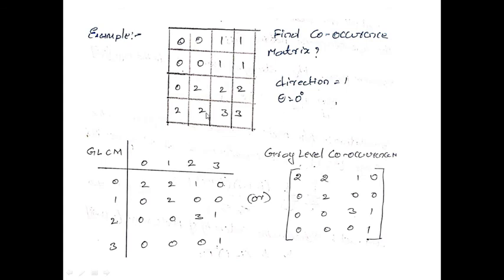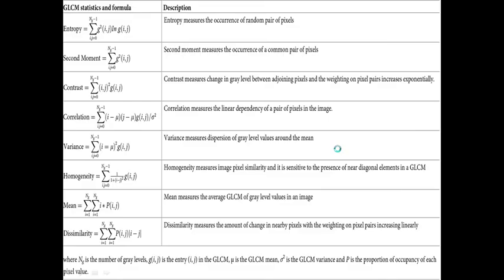So d equal to (1, 0) means horizontal direction, right? For (0, 0), how many occurrences? Here 1 occurrence, and here a second, so 0, 0 occurs 2 times. Coming to 2 and 2, how many 2 and 2 pairs are there in this horizontal direction, d equal to (1, 0)?